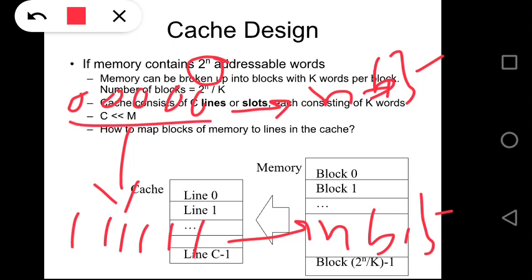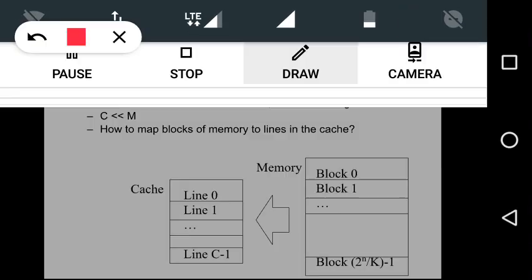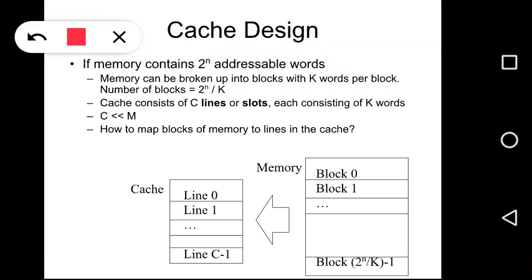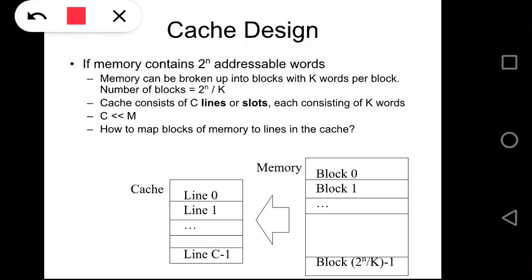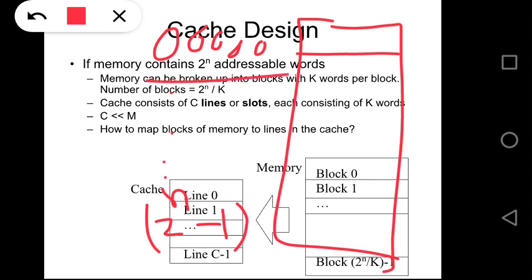This is the starting address and the ending address. This refers to 0, and this refers to 2 power n minus 1. So you should understand that the memory contains 2 power n addressable words. That means the main memory is divided into 0 to 2 power n minus 1 addresses. These are the addresses.